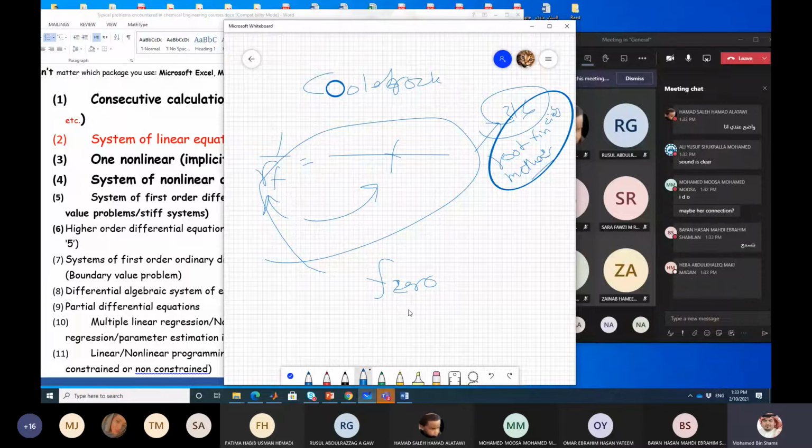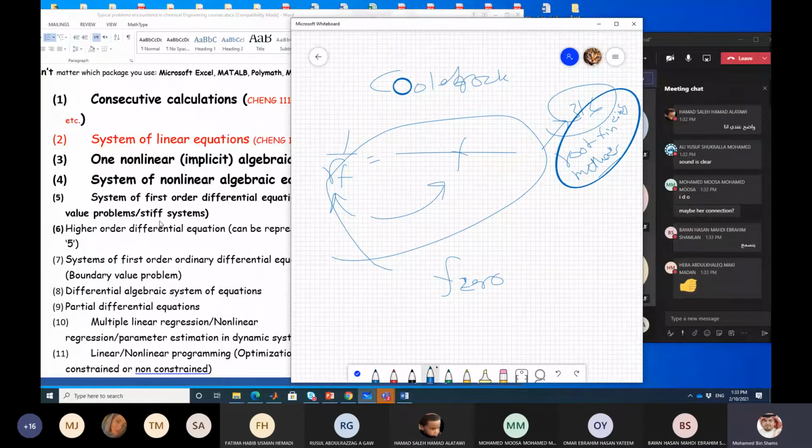This is the expected outcome, that you know how to use MATLAB in order to solve these type of problems, that they are all over the place in our curriculums. So as you go from the 111 until the last capstone project, you will see all this type of problems.